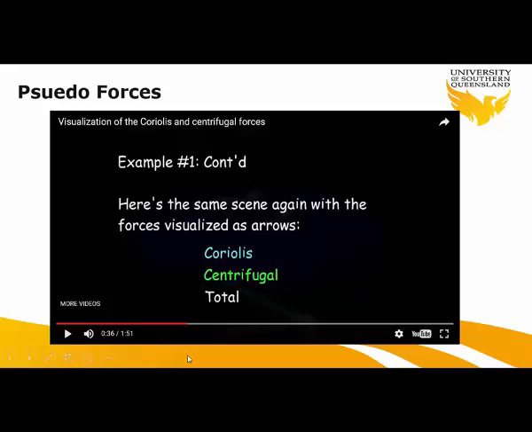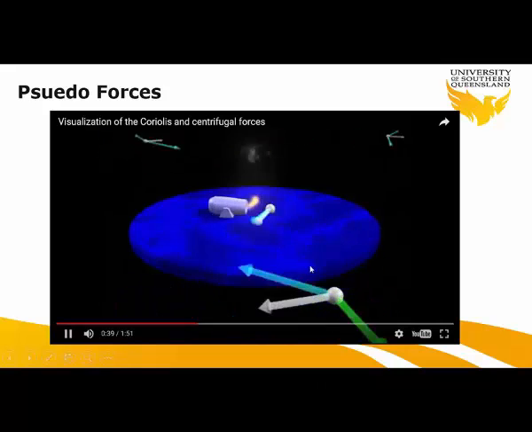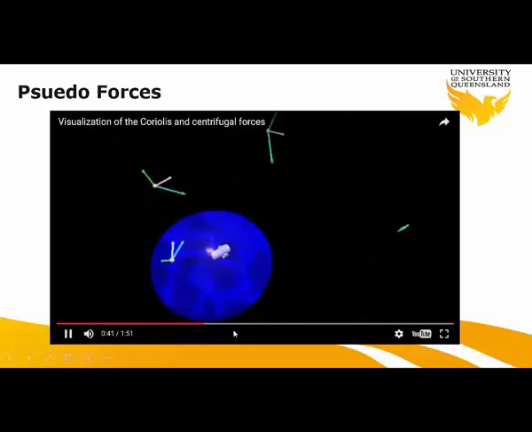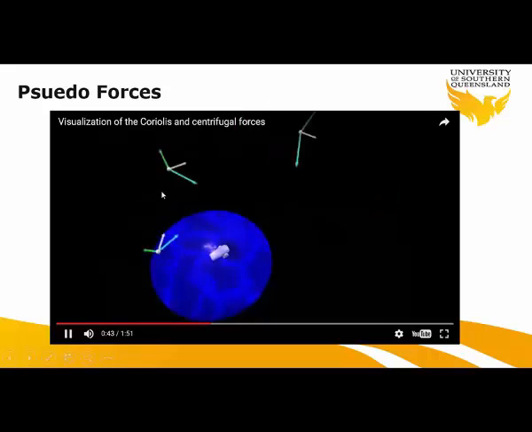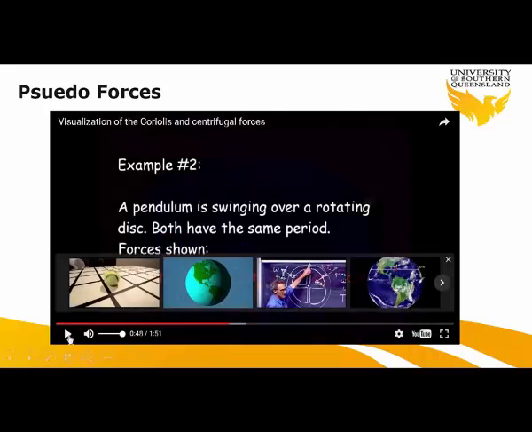Now we want to look at the same scene again with the force visualized as arrows. The blue one shows the Coriolis, green one is centrifugal, and then the white one is the total. Let's have a look again. So the blue one is the Coriolis, the green one is centrifugal, which you can see, and then the white one.